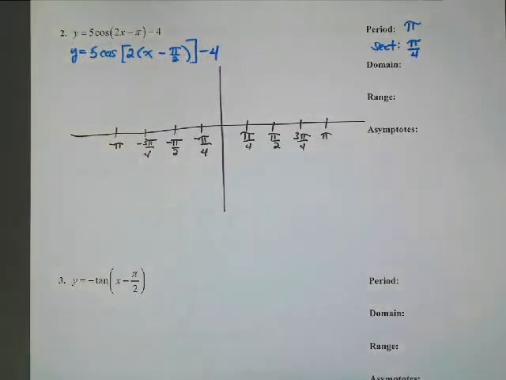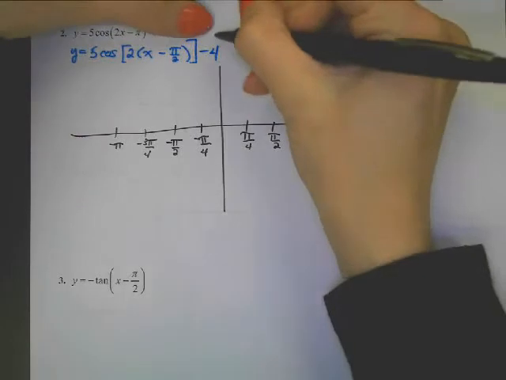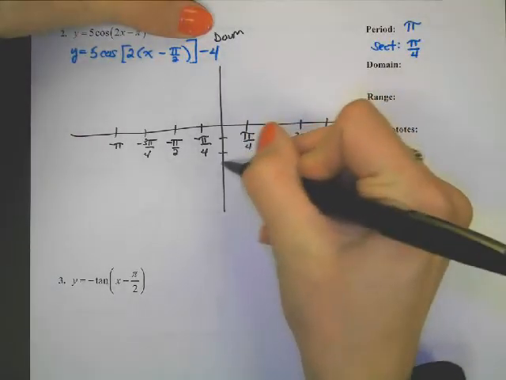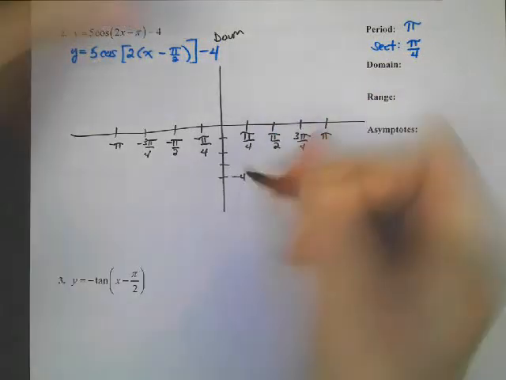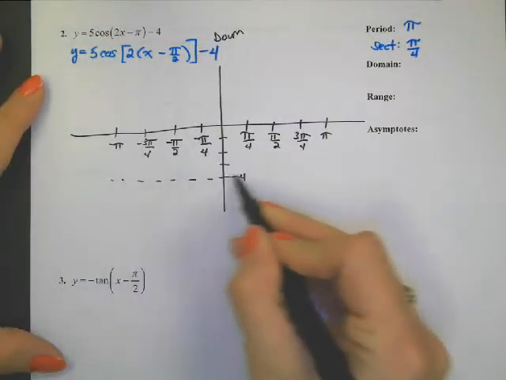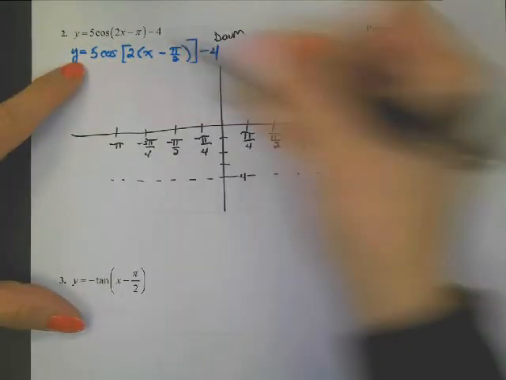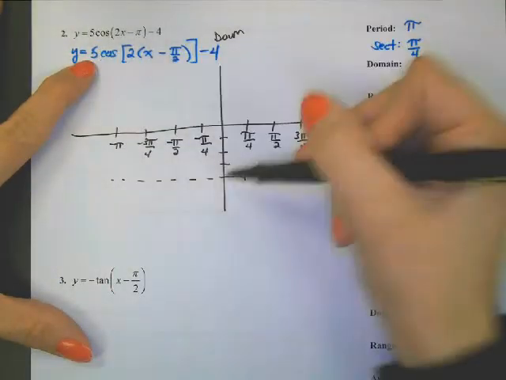Okay, after you get your x-axis all labeled, it's time to take care of the y-axis. So the first thing we want to do is any vertical translation. We have to shift down 4. 1, 2, 3, 4. That is the middle. Okay, after you figure out the middle, it's time to do amplitude, which is 5.